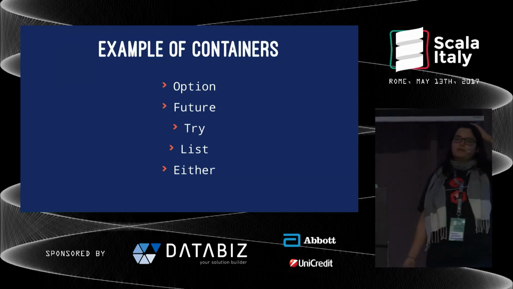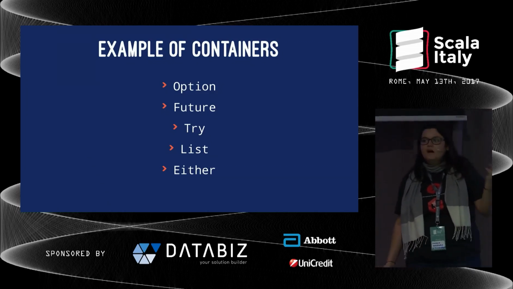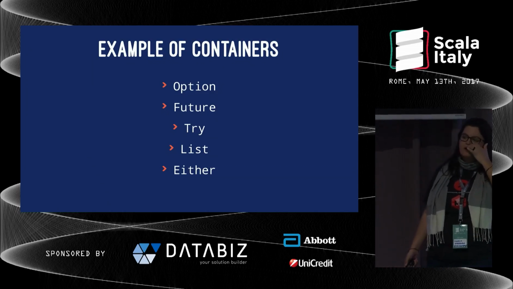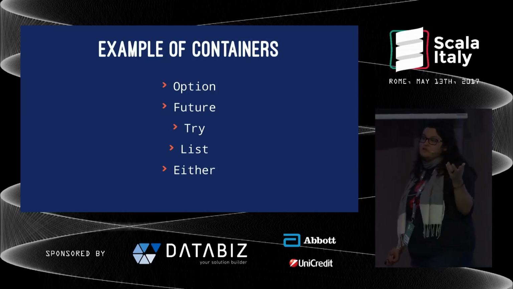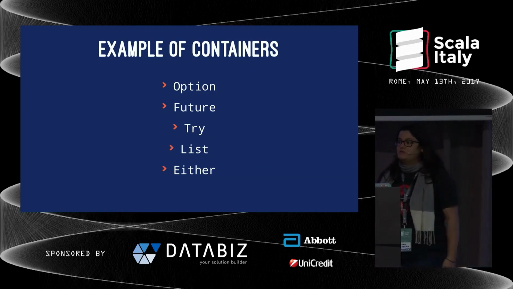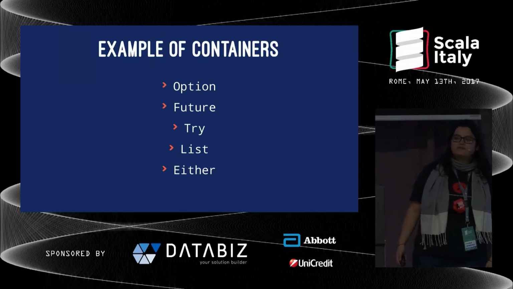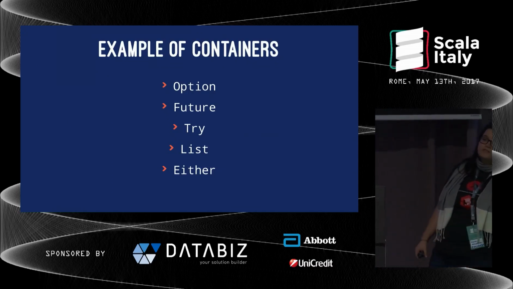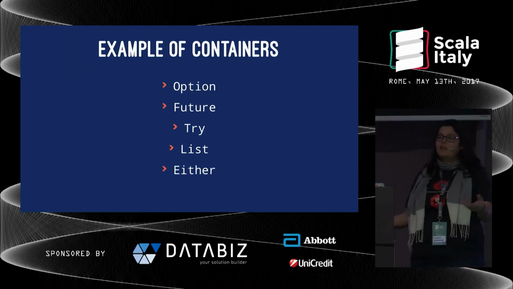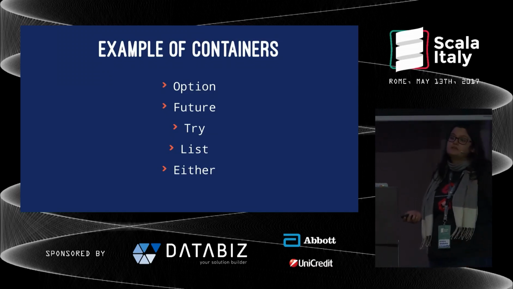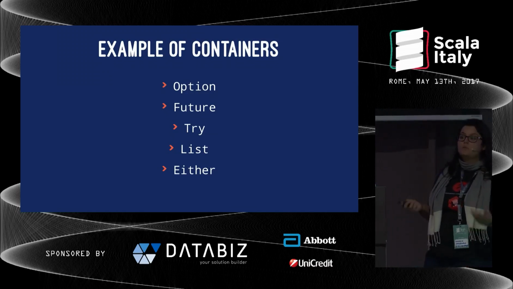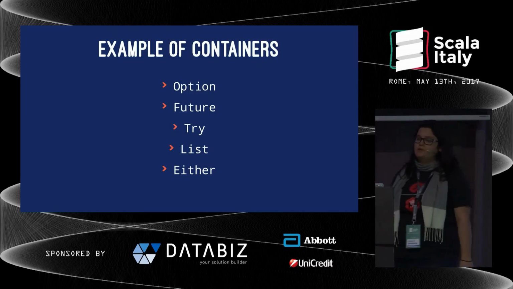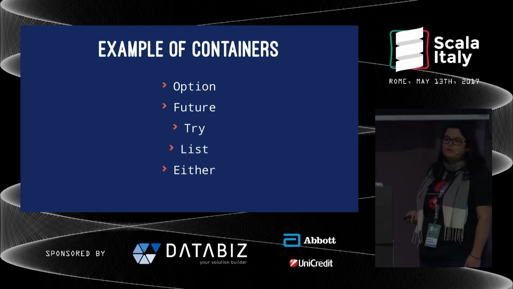Everyone knows option is the idea of a value that might or might not be there. Future, it's the idea of having something that takes a while. Try, something that could explode. List, something that contains 0 or multiple values of the same type, and so on and so forth.